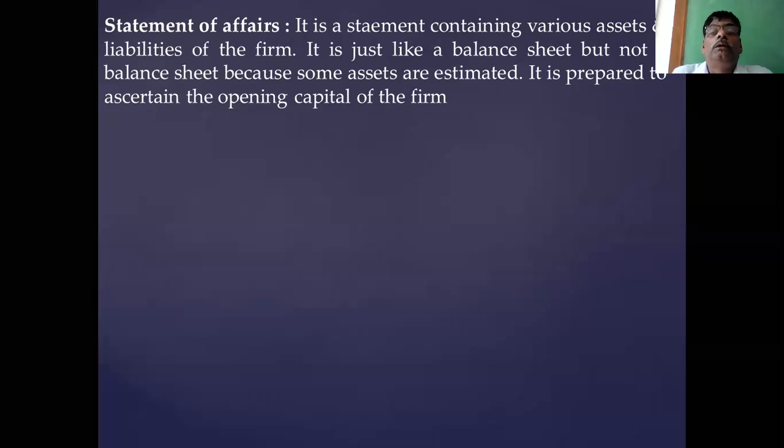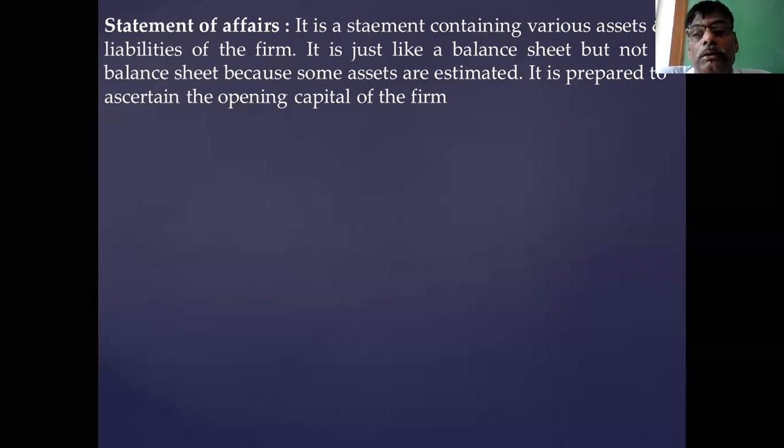Okay. Then it is prepared to ascertain the opening capital of the firm, or to ascertain the opening balances of assets and liabilities. To find out the opening balances, remember this.